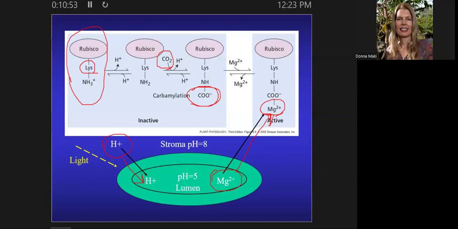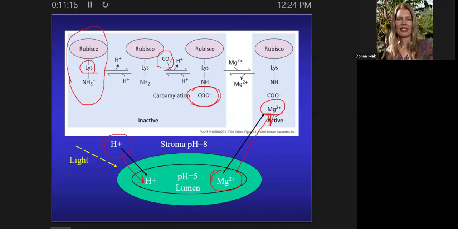So they're saying that without light and proton pumping, you don't get magnesium coming out and attaching to Rubisco in the stroma. So it's kind of this domino falling impact where you have to walk back a few steps to see this process, okay?